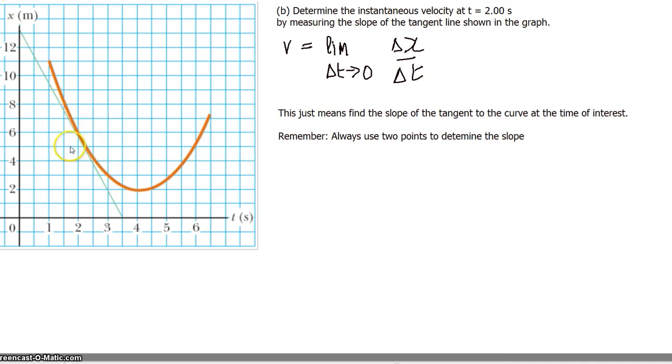So the point of interest is here at about t is equal to 2 seconds, and the blue line there is a tangent to the curve, so we need to find the slope of this blue line. And when you're doing that, always take 2 points, and of course if you're taking it from a graph, make sure they're far apart.